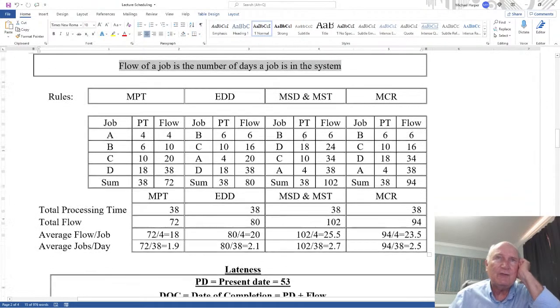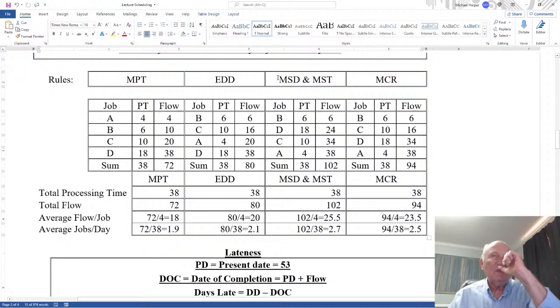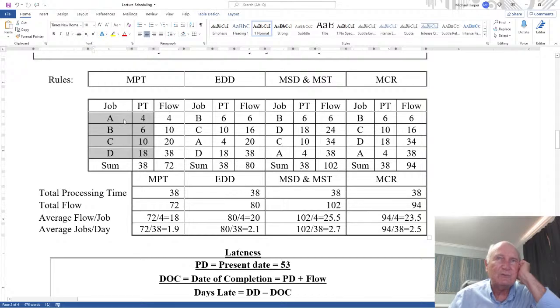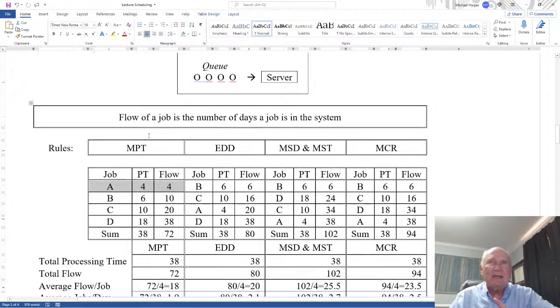So let's do the flow for the MPT schedule. Here's the MPT schedule, ABCD, 4, 6, 10, 18. The flow of the first one is going to be 4. First of all, the first job in any schedule will have a queue time of 0 by definition. It doesn't have to wait, there's nothing in front of it.